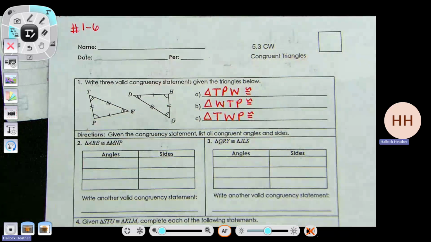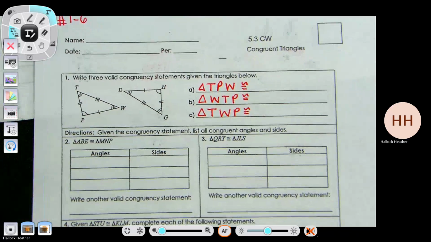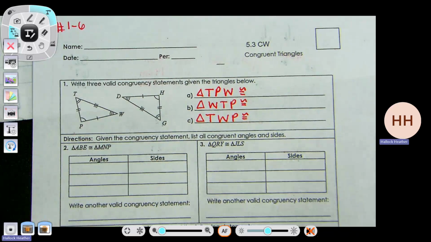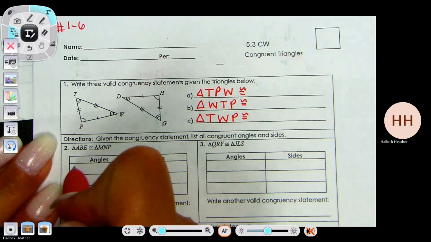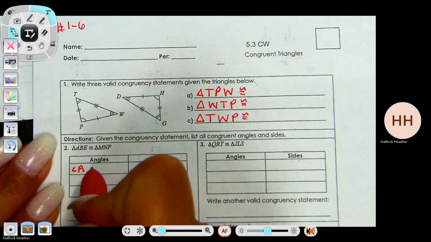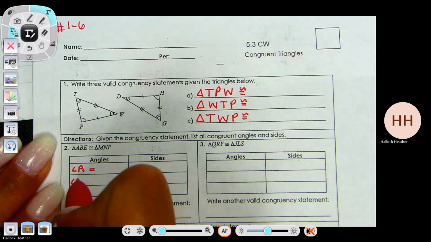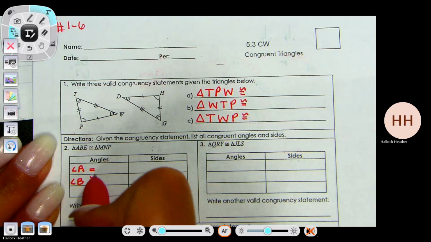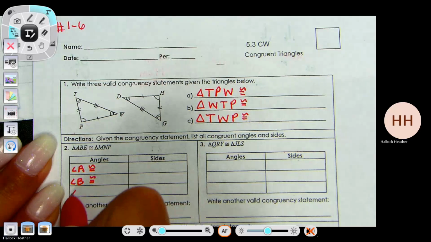So I'm going to write the first half. That way you only have to write the second half. You're just going to finish the statements. One through 6.